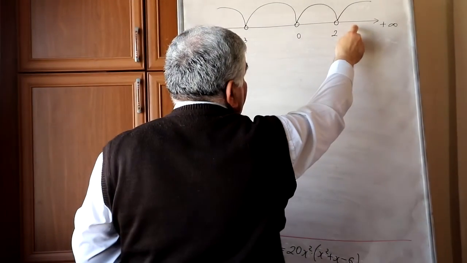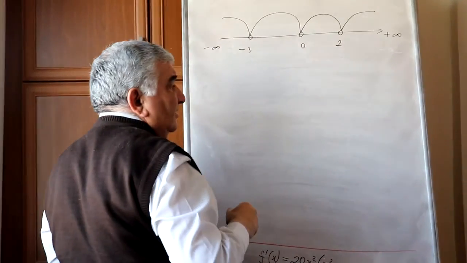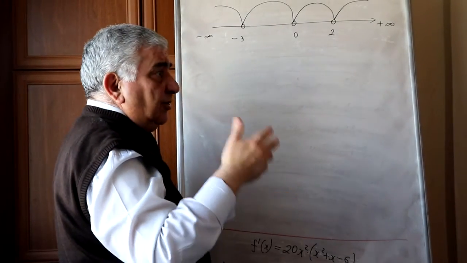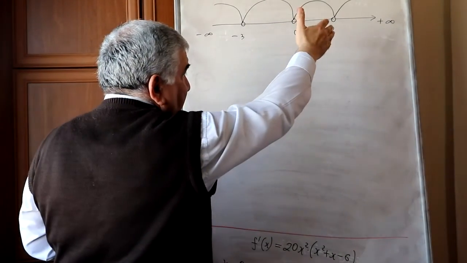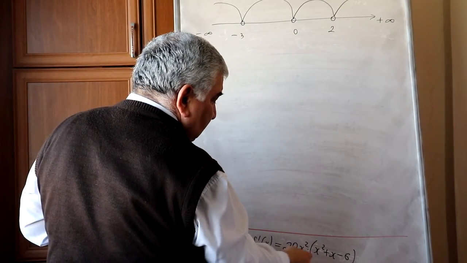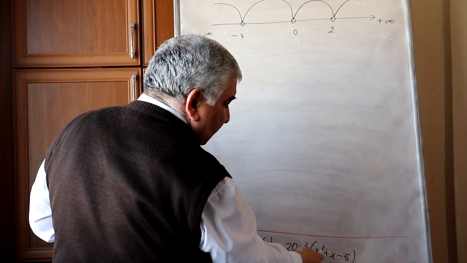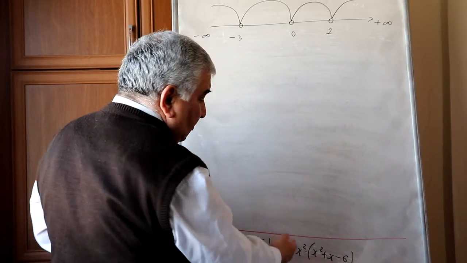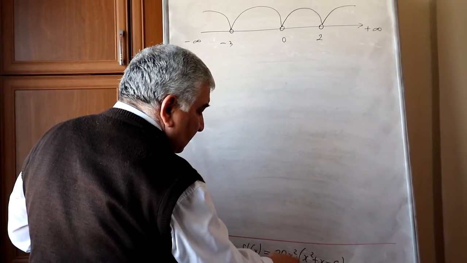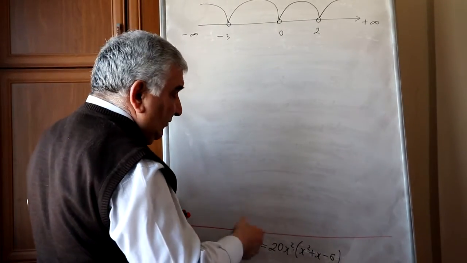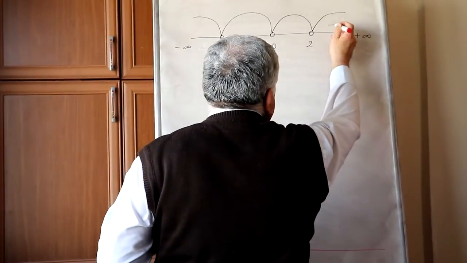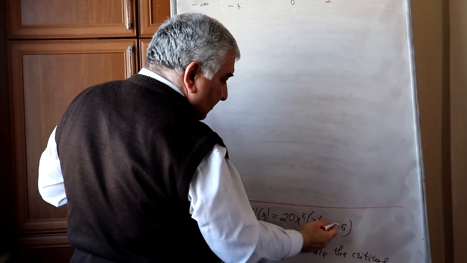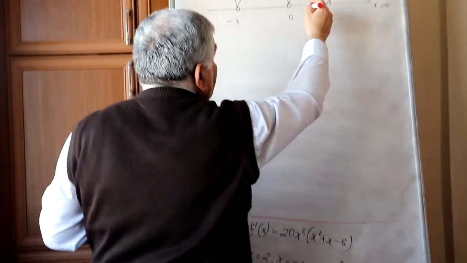We can take here, for example, 10. We must take only the interior, comfortable points. If we take 10 and substitute 10 instead of x, we have 100 plus 10 is 110 minus 6 is 104. It is positive, and this factor is positive always. Then we can take here 1. If we substitute 1, we obtain the negative value.